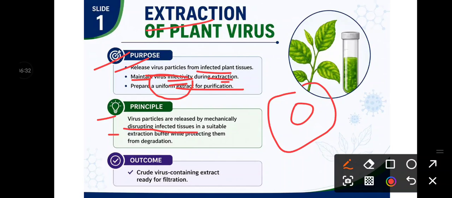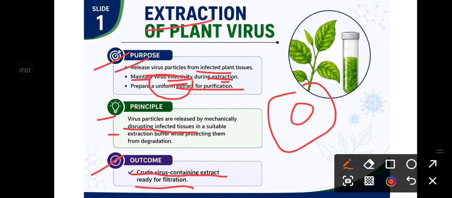The final outcome of extraction is the crude virus containing extract ready for filtration or purification. So the outcome of extraction is a crude virus extract, not purified virus. You need to do further purification steps to get the final purified virus.